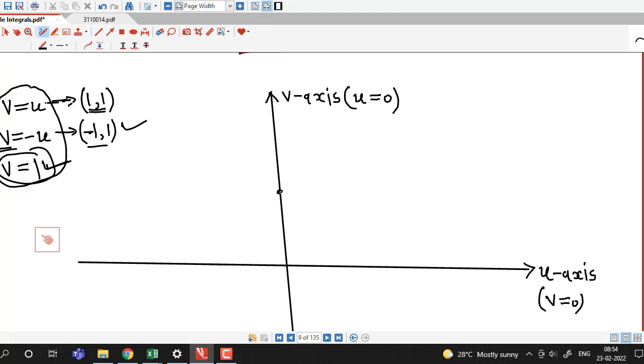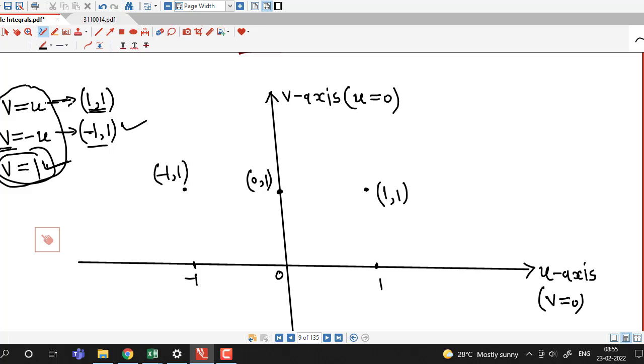So we can roughly consider that this distance is 1. So this point is going to be 0 1. Somewhere here, suppose this distance is 1, then this point is 1 comma 1, this is 0, and here we can consider minus 1. So here I have this point minus 1 comma 1.